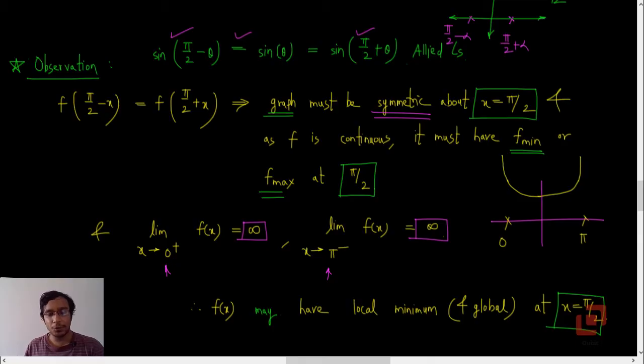Now if you know the graphs of trigonometric functions a bit, and especially what happens if you add two functions and then plot the graphs together, like sine x plus cos x, in this case sine x plus cosec x, then you can replace this "may" by "must". The reason why I have written "may have" is there might be a graph like this.